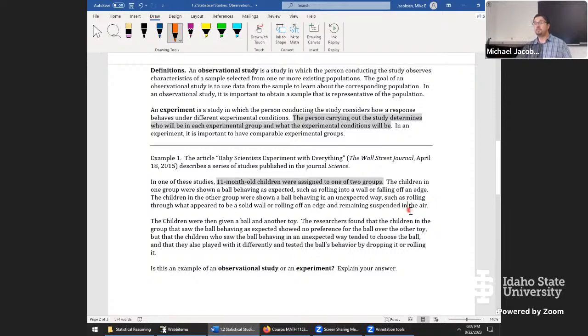So how do folks feel about this one? Does it feel like an observational study or an experimental study? Exactly. There are two different groups. The children were placed into those two groups by the researcher trying to learn something about psychology, it looks like.